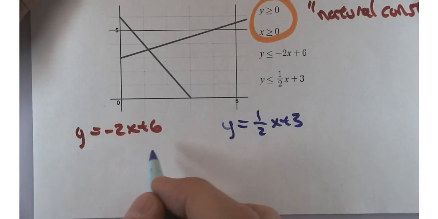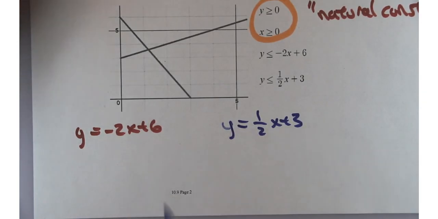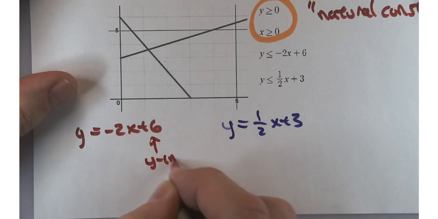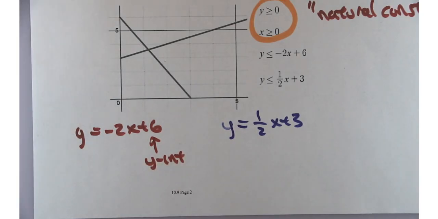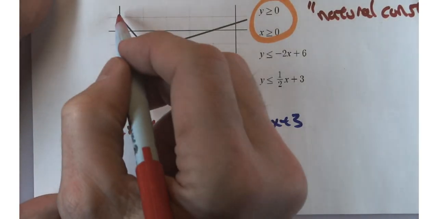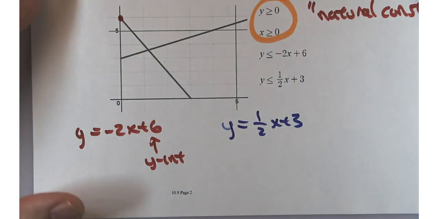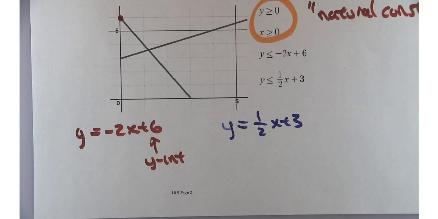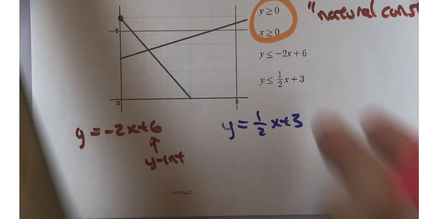What's the y-intercept in this graph? 6. So there's your y-intercept. And right away that tells us which graph this is, right? There's only one of these that has a y-intercept of 6, so it has to be this one. So, okay, great. Let's see. I'll draw that one with a pink line right here.